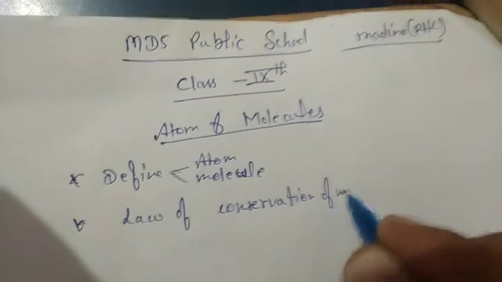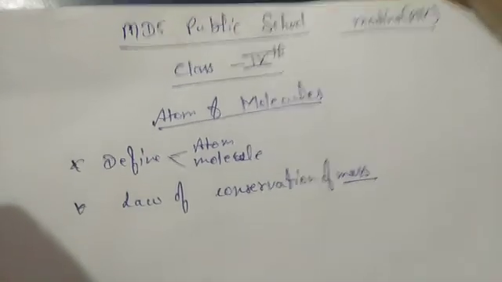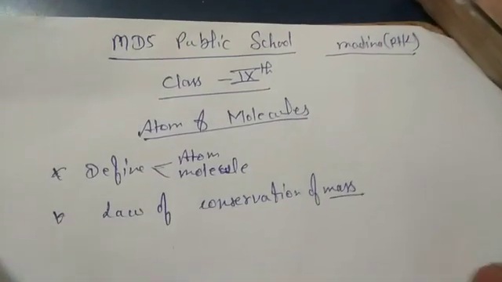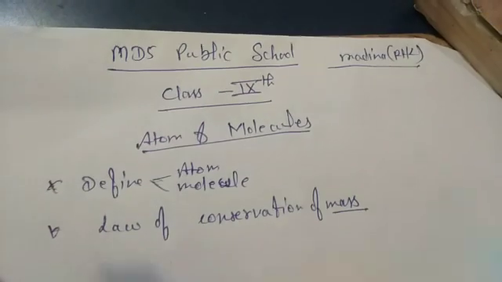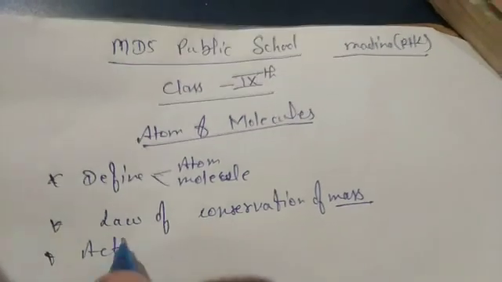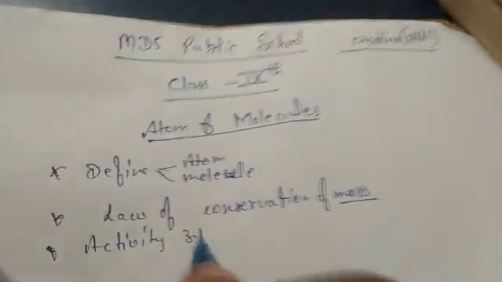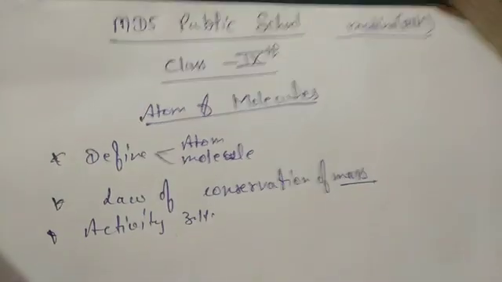Conservation of mass means that the mass of reactants will always be equal to the mass of products during any chemical reaction. We also did Activity 3.11 on that basis, which proves the law of conservation of mass.